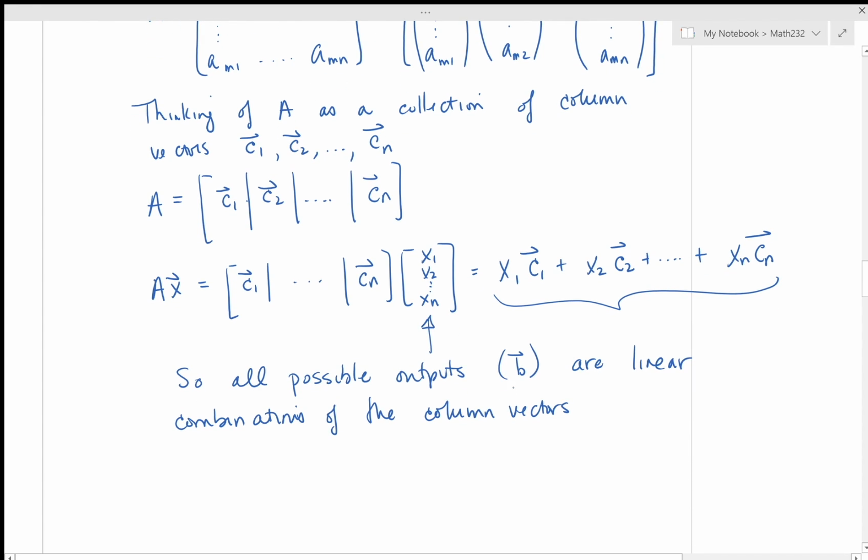All possible outputs, that is the range of the transformation, are all the linear combinations of the column vectors.